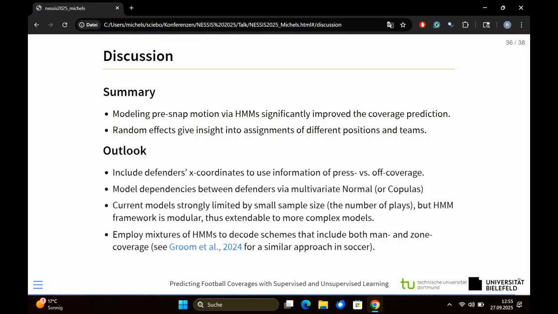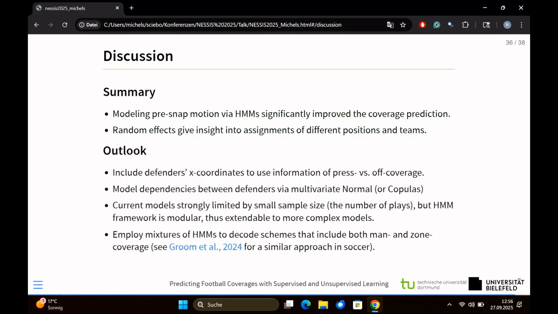And with more data, we could also use more complex models for the supervised learning. The nice thing is that our HMM is modular, so you can fit it to the tracking data, derive the features, and put them into the model. So it's very modular and easy to apply.